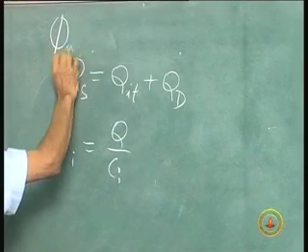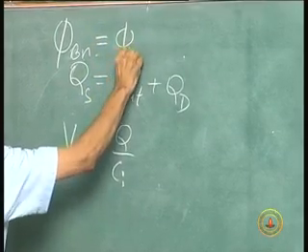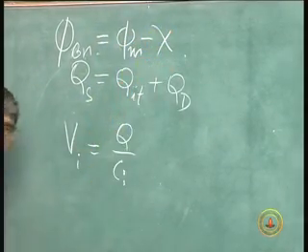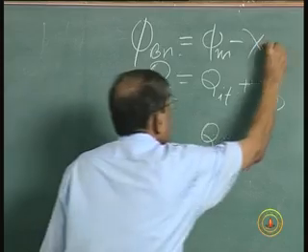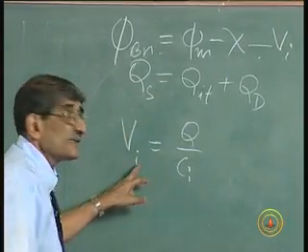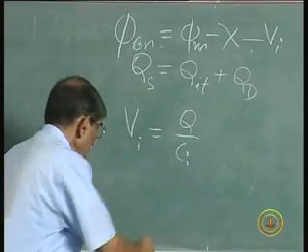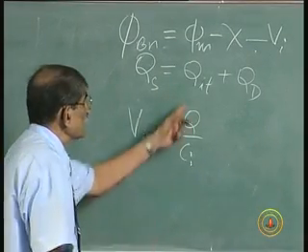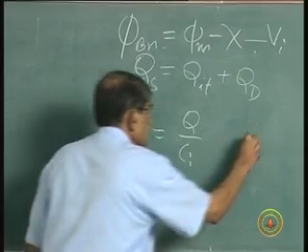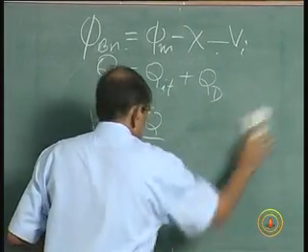Phi B n is equal to phi m minus chi, the original value. I have an additional drop V I. So, I have to determine this V I, that is all I have to do. Okay. So, now what is Q I T?